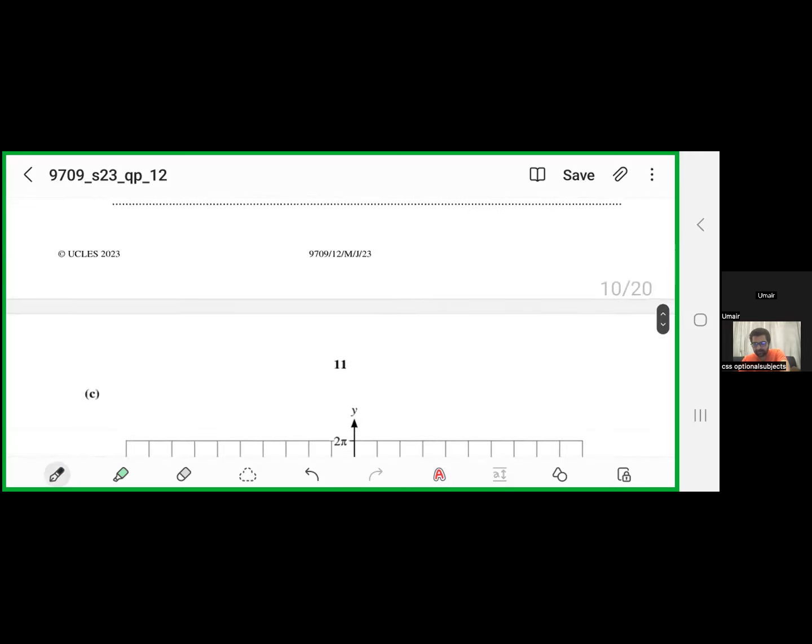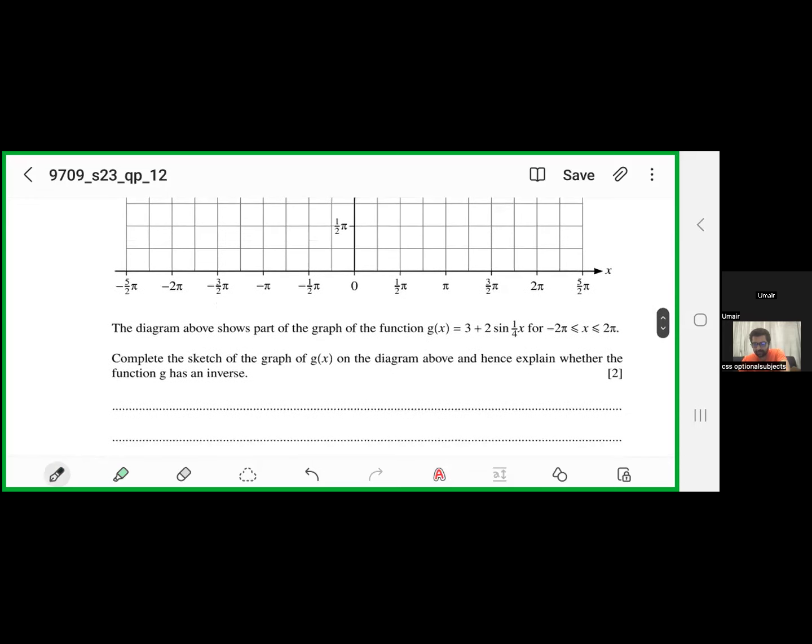The next question is, the diagram above shows part of the graph of the function g(x) is equal to 3 plus 2 sine 1 over 4x, and the range is given. Complete the sketch of the graph of g(x) on the diagram and hence explain whether the function g has an inverse.